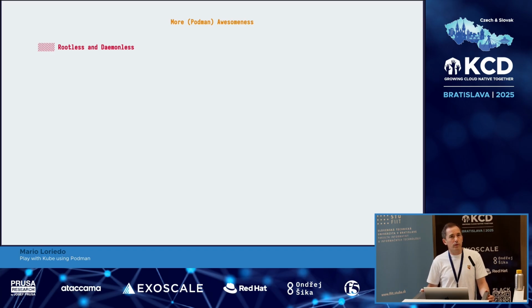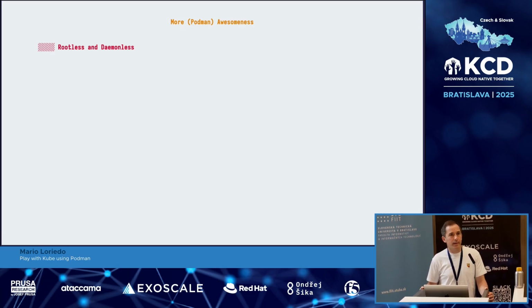But by default, when you install it on Linux, there is no daemon that is listening on something. So that makes the architecture simpler and easier to secure. So that is basically the main difference with Docker today. There are things that you may want to try with Docker that don't work with Podman, and often it is because of that, because there is not a daemon listening to an API.